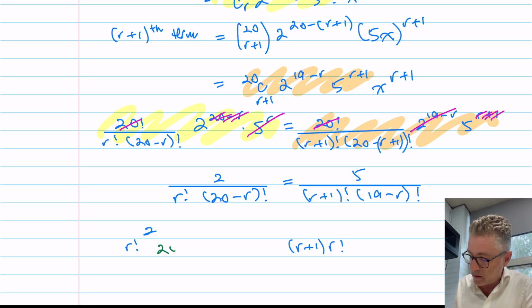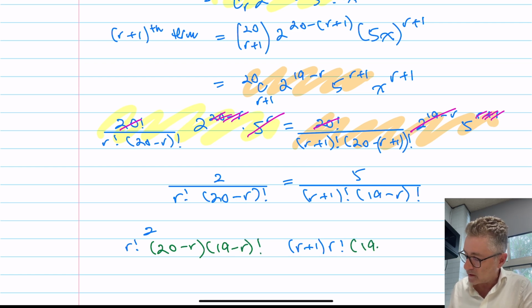So that's going to be (20-r) times (19-r) factorial. And on the right-hand side, you've got (19-r) factorial.